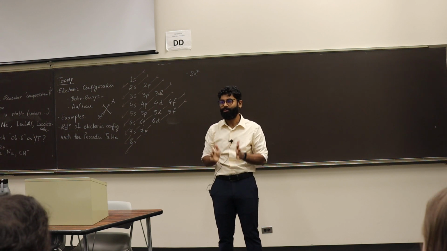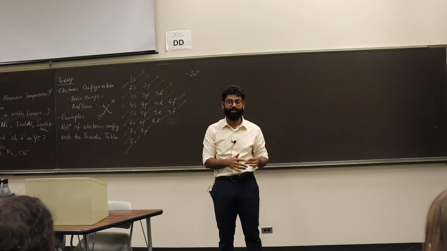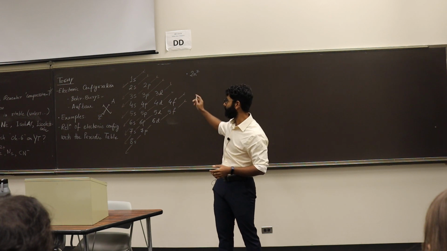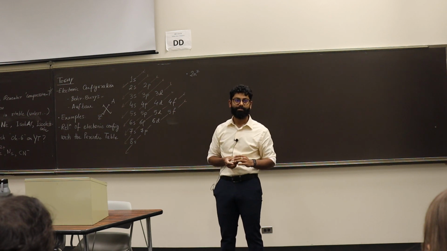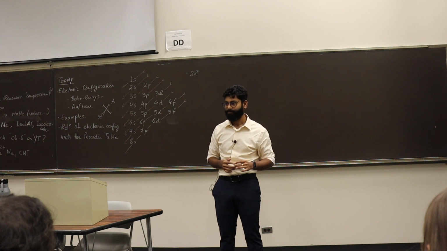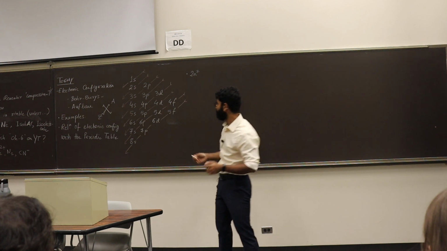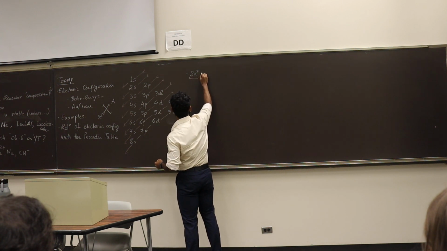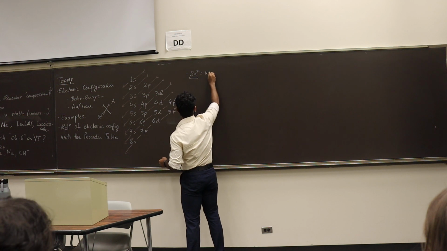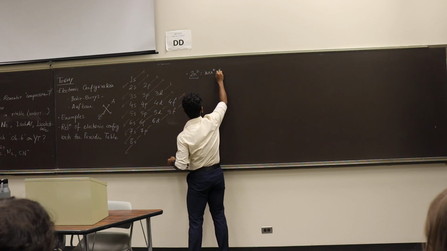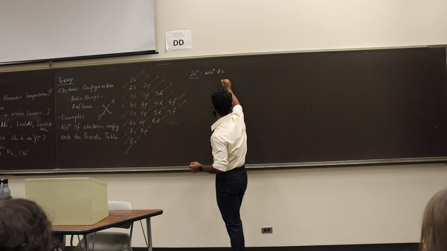Come on, the people who said they saw the video, what was that principle? Tell me, because I forgot. The maximum number of electrons for each shell is? So for the K, L, M shells, it's n equals 1, n equals 2, n equals 3.